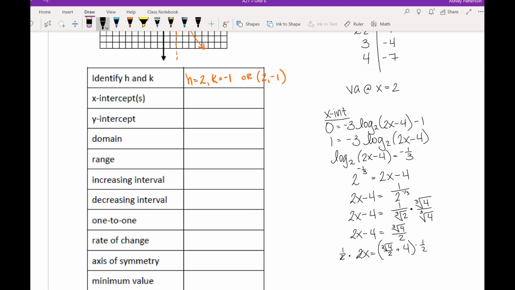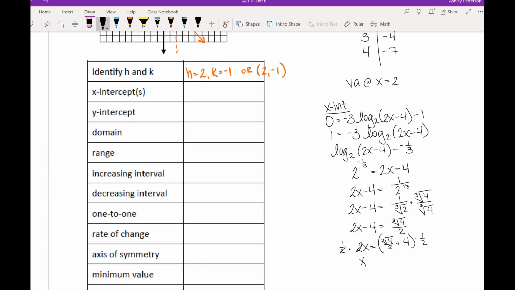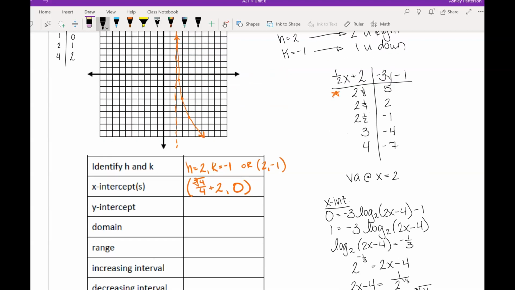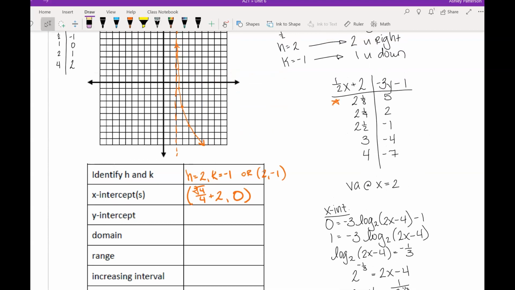This still allows me to isolate x, and I can distribute. So I end up with the cube root of 4 over 4 plus 2. And that's going to be our x-intercept. So writing that as a coordinate, we end up with the cube root of 4 over 4 plus 2, comma 0.